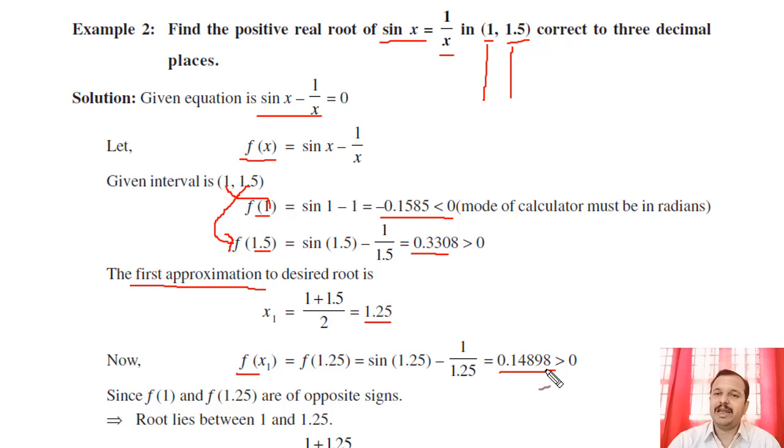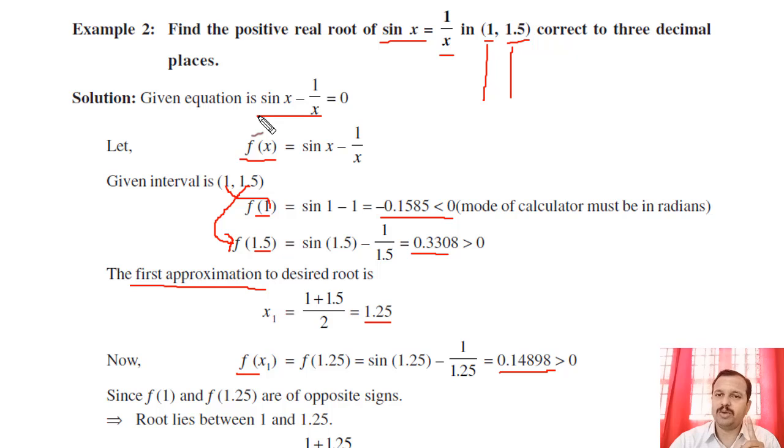The answer is 0.14898. I request you to use the scientific calculator in a better way. Always your calculator will be in degree mode. So whenever you deal with trigonometric functions, you first change the mode of your calculator to radians.